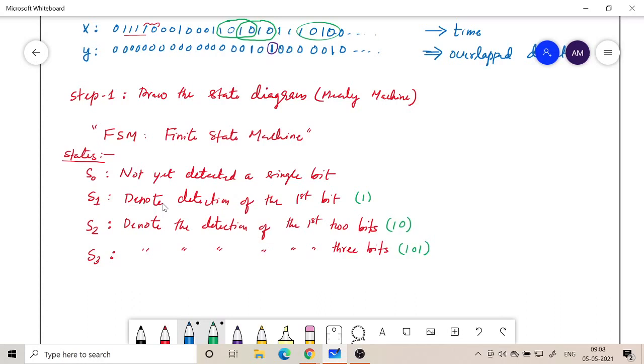So I don't need a separate state to store the information of 1 0 1 0, because I can have a combinational circuit which takes inputs from the external input as well as the state of the flip-flops. So the state of the flip-flops will give me the detection of the first 3 bits, and then when the external input, the current input, is becoming 0, in this case 1 0 1 0 can be detected.